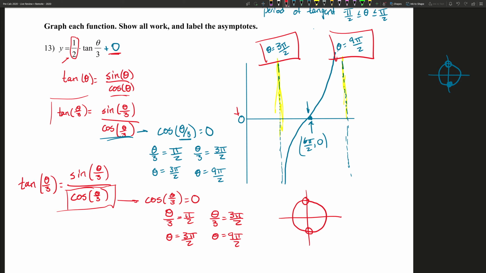Right, so halfway between 3 pi over 2 and 9 pi over 2, that gives us 6 pi over 2. And then we don't have a shift, so our y coordinate is 0. I hope that clears it up.